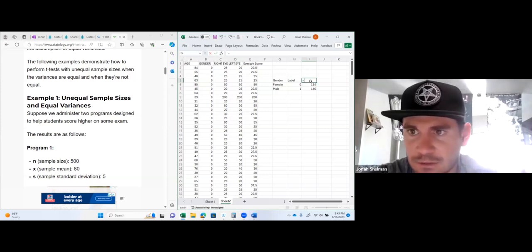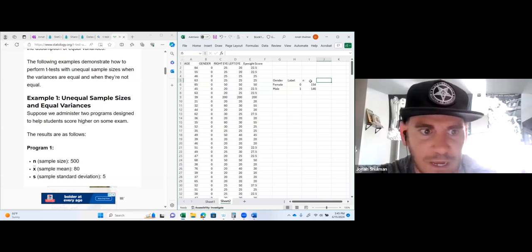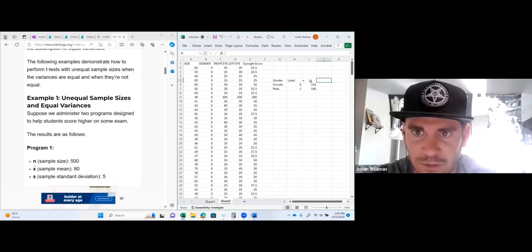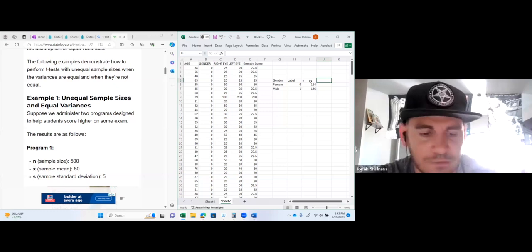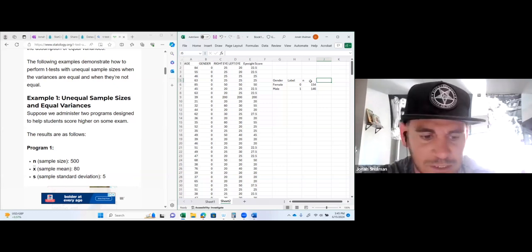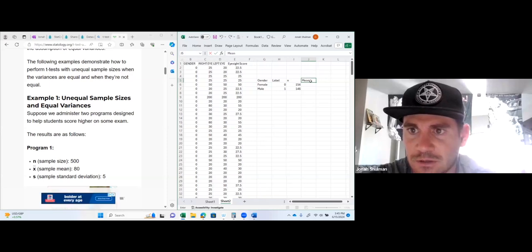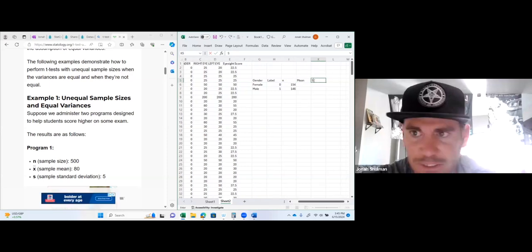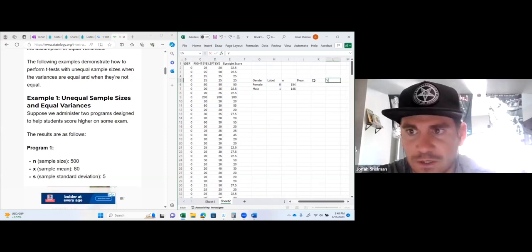This is our n. We need the variance, so we could do the standard deviation. Well, let's just get the mean first of both. Then we'll do the standard deviation, then we'll do the variance.